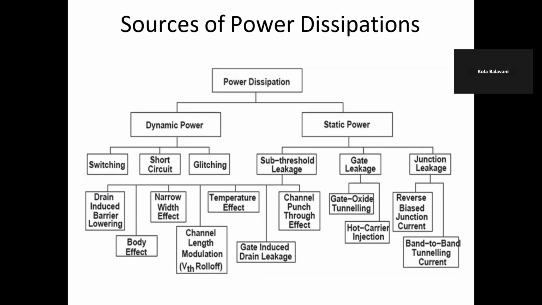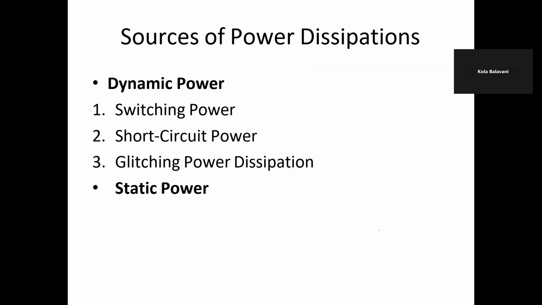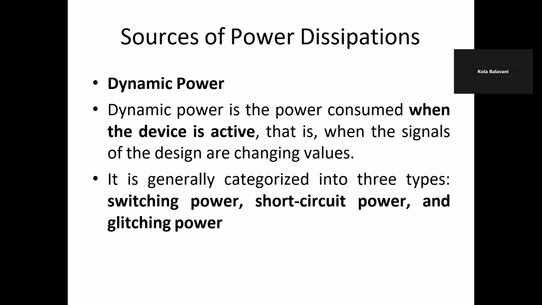So the sources of power consumption are dynamic power and static power. Coming to dynamic power, the definition is whenever the device is in active state and the signals of the design are changing their values, that is, the device is in the operation state.